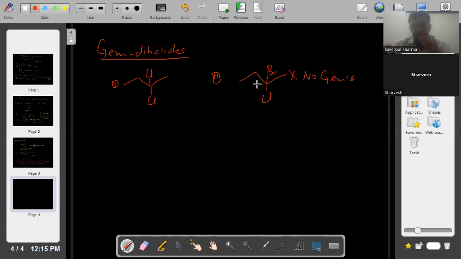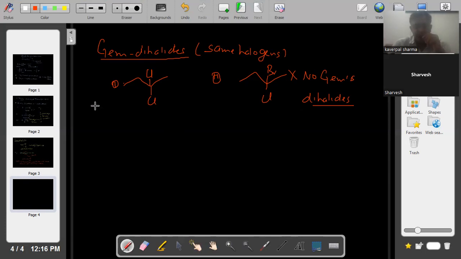Because there should be the same halogen. If there is one Cl, the other one should also be Cl. Exactly, because same dihalide, same halogens. If different halogens, the rule is not applicable.